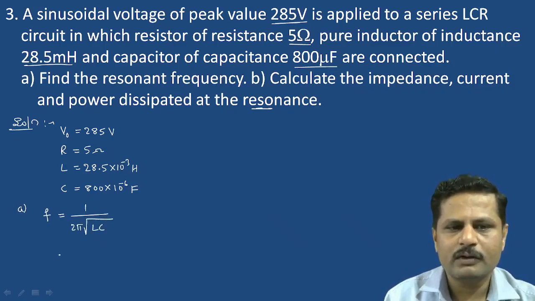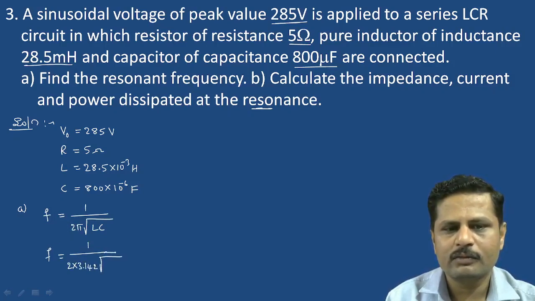Substituting the values, that is 1 divided by 2 into 3.142 into the square root of L equals 28.5 into 10 raised to minus 3, times C equals 800 into 10 raised to minus 6.